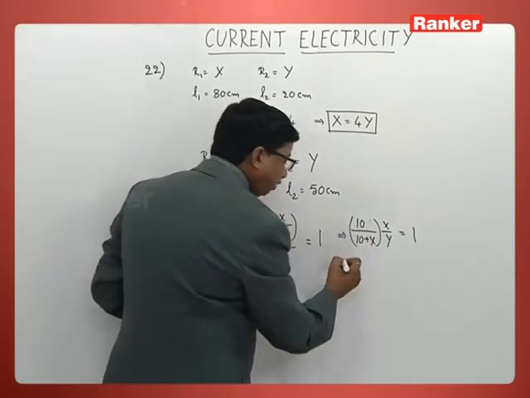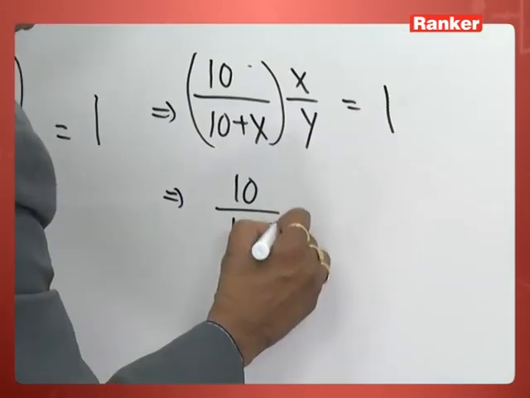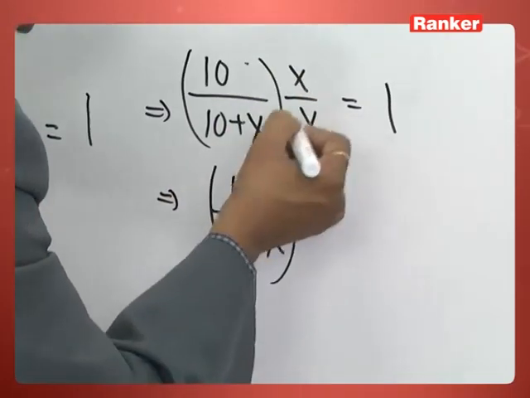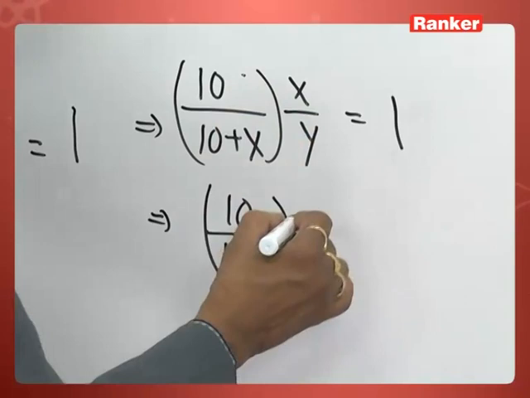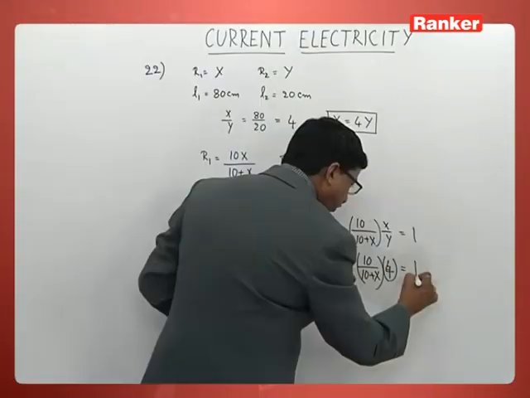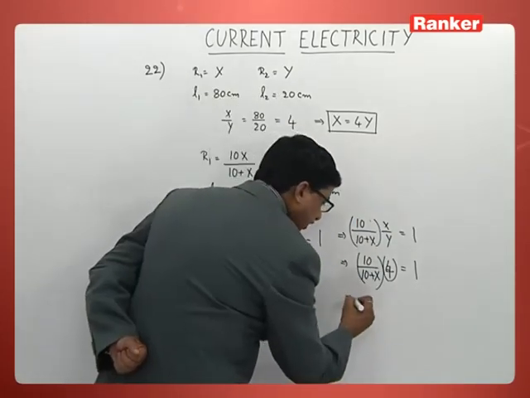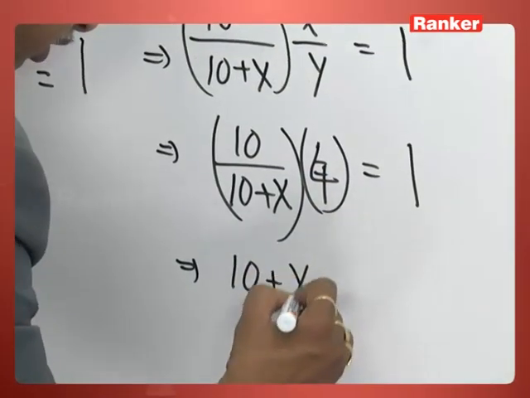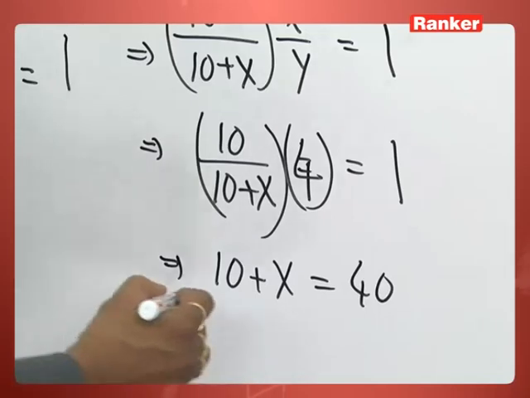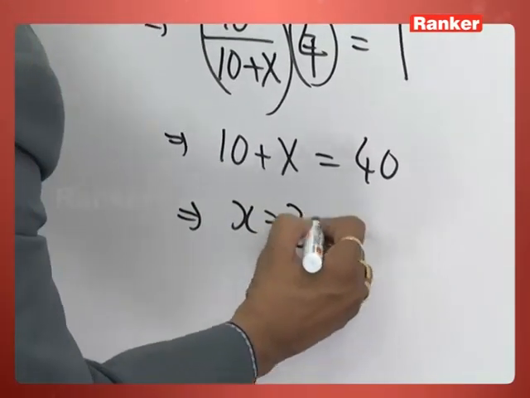So write that value here. 10 by 10 plus X into 4 is equal to 1. Then what can I write directly from this? 10 plus X is equal to 40. Then what will be the value of X here? Then X will now be equal to 30 ohm.